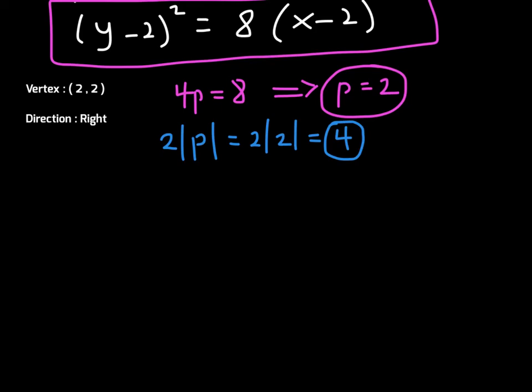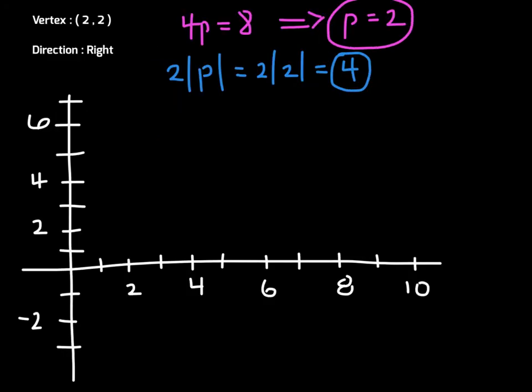All right, let's show a picture of what we have so far. Okay, guys, I'm going to plot my vertex. My vertex is 2, 2. My directrix will be found by moving p number of units to the left of the vertex.